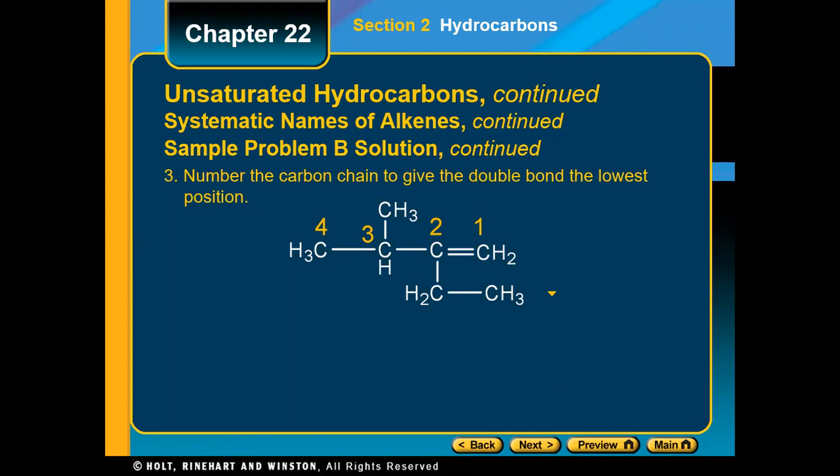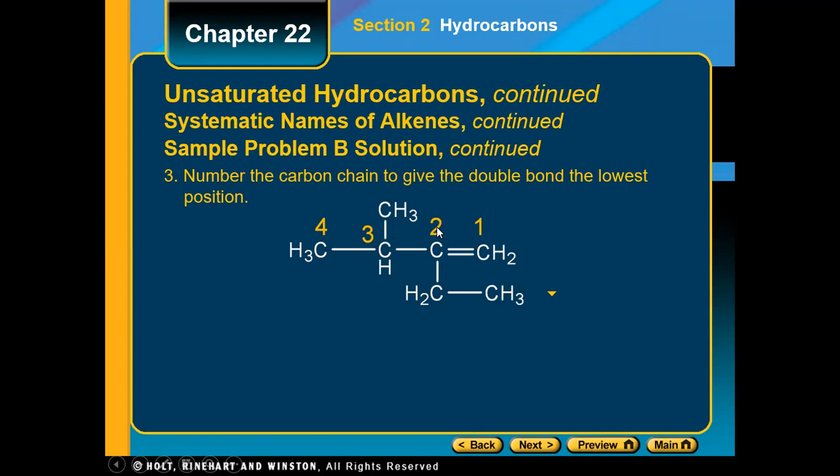I prefer numbering the carbons as soon as I identify the longest chain, but you could do it anytime before you name your compound. And because we have the double bond closer to this end, this is where you will start counting. So 1, 2, 3, and 4, as you know. So you're going to have a double bond in carbon number 1. So it's going to be 1-butene. And you have ethyl in carbon number 2 and methyl in carbon number 3.